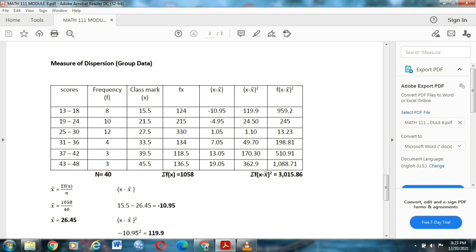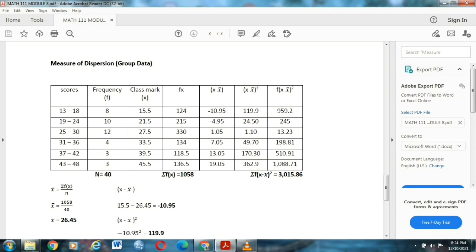Simple lang, yung gitna ng ating classes, yung scores. So, para makuha siya, 13 plus 18 divided by 2 is 15.5. 19 plus 24 divided by 2 is 21.5. Sunod, 25 plus 30 divided by 2 is 27.5. And so on up to 43 plus 48 divided by 2 is 45.5.